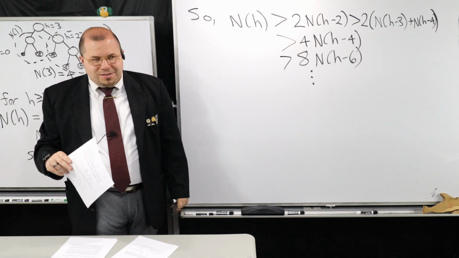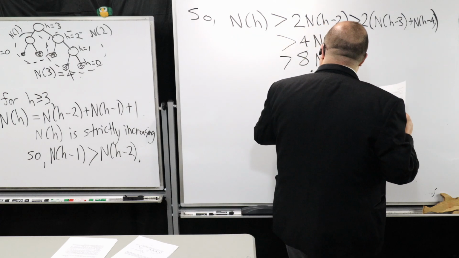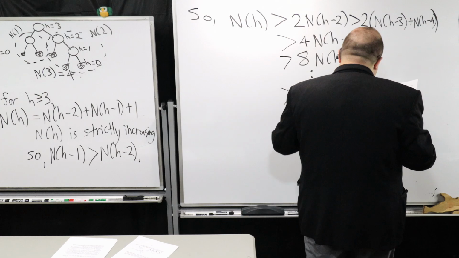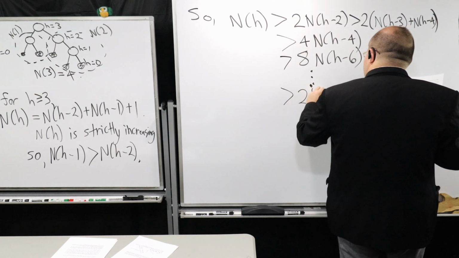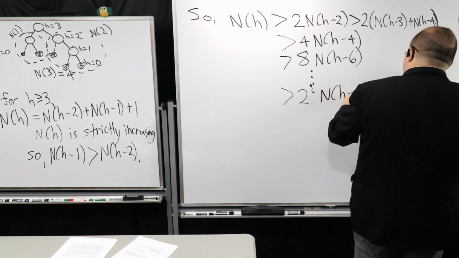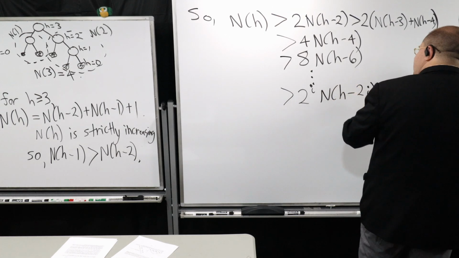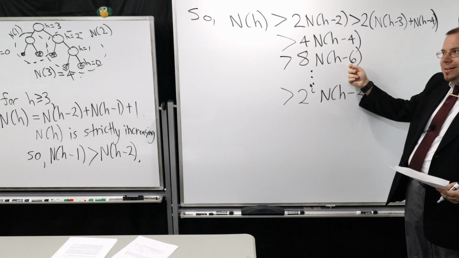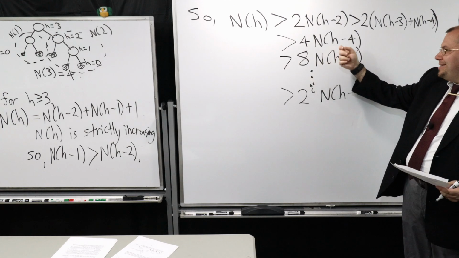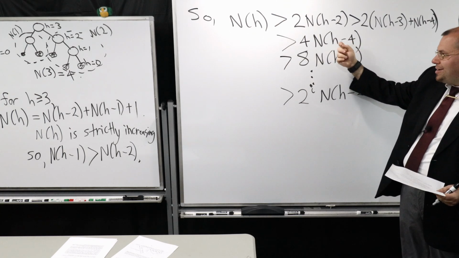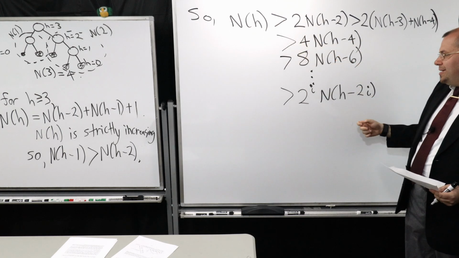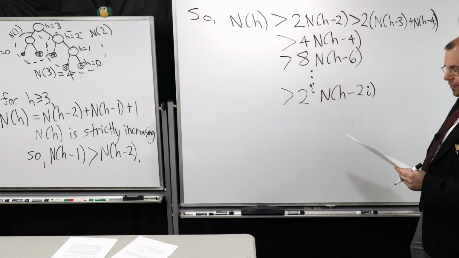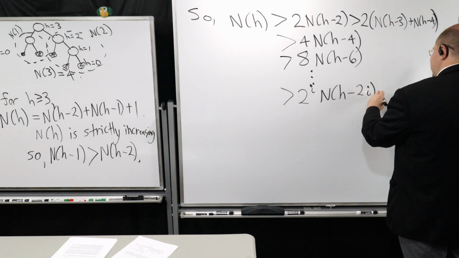If I keep repeatedly applying this, at some point I end up with 2 to the power of i, for some value of i, times n of h minus 2i. For each application, this is 2 times 2 times 2, that's 2 cubed. 2 times 2 is 2 squared, which is 4. So I'm writing out a general expression for this technique that I'm doing over and over again. I'm just trying to bound this appropriately.